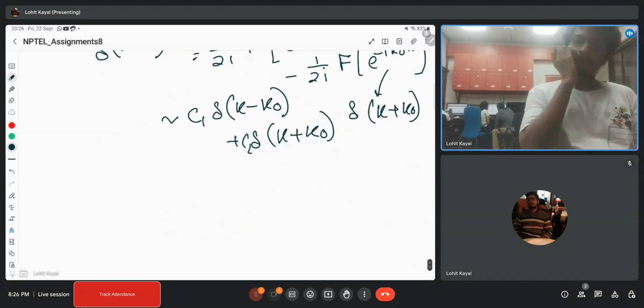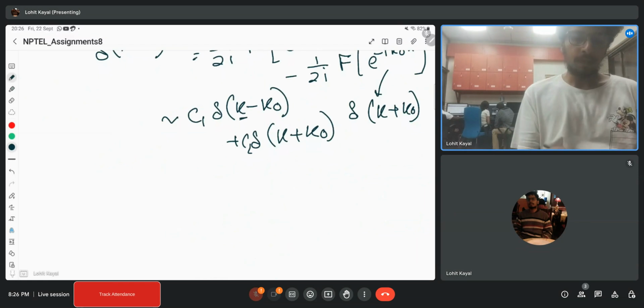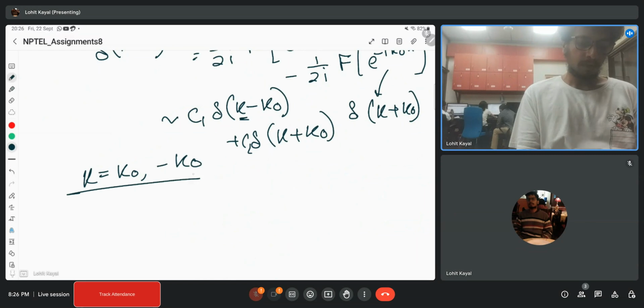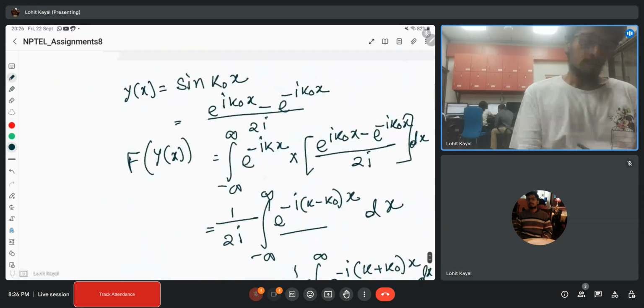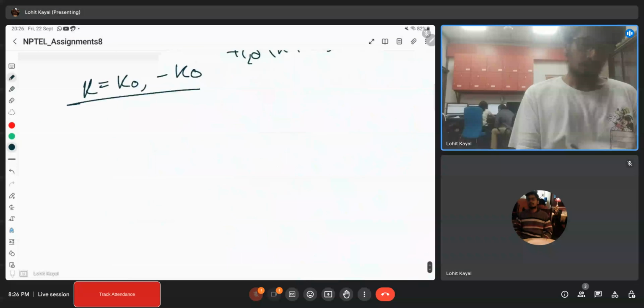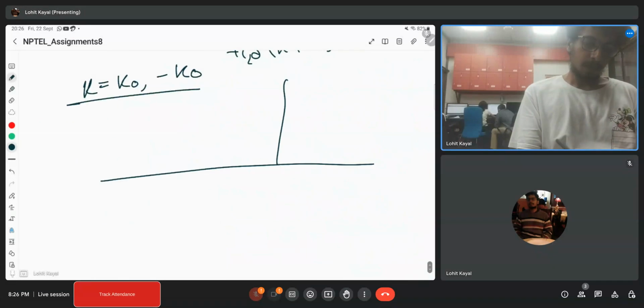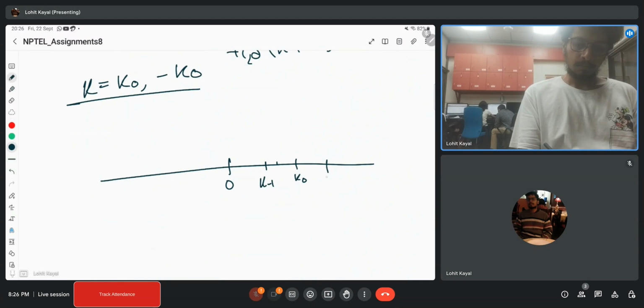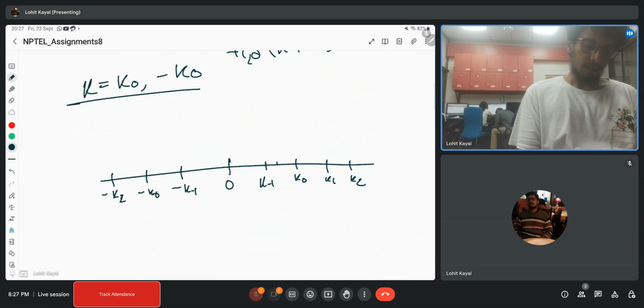Now we know the property of the delta function, right? It will give you a peak at k equal to k naught and minus k naught. So when you have provided this expression sine k naught x, in the Fourier space you will see peaks. Suppose this is zero, and these are k0, k1, k2, and again minus k0, minus k1, minus k2.